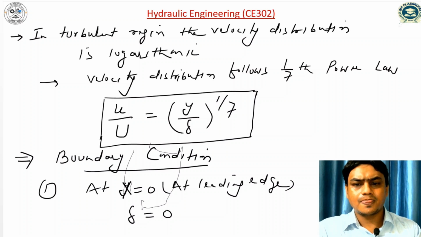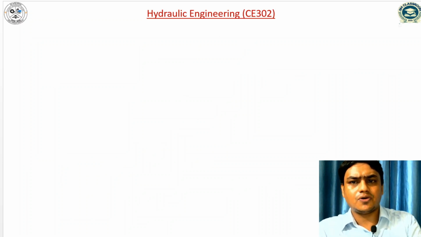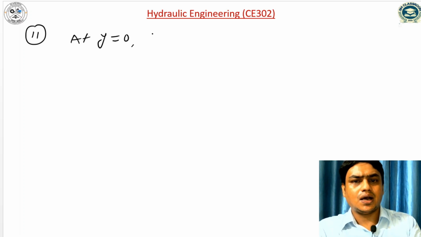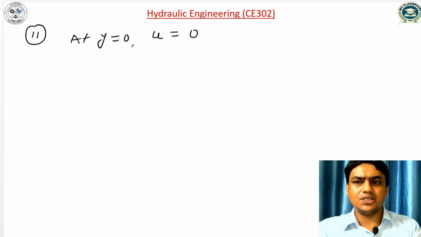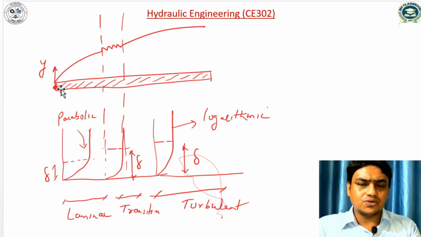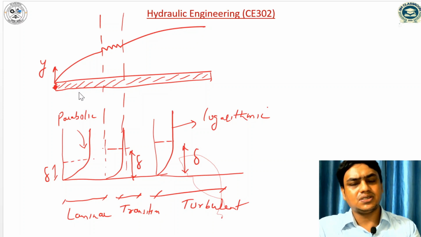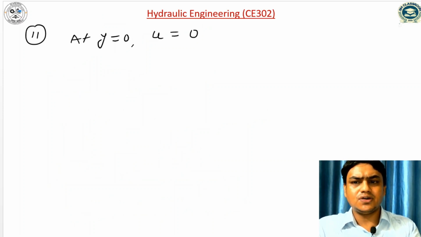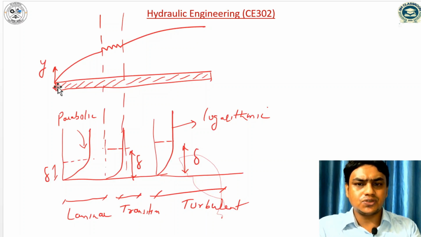Similarly, we can write the second boundary condition. At y is equal to 0, our local velocity is 0. We can see here, this is x. So at x is equal to 0, boundary layer thickness is 0, and at y is equal to 0, our velocity is 0.